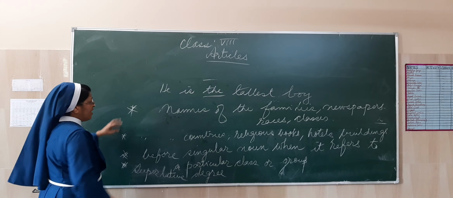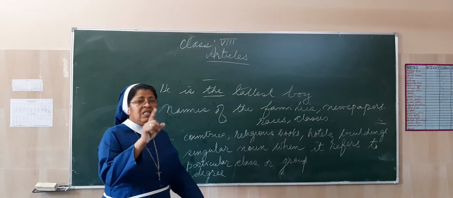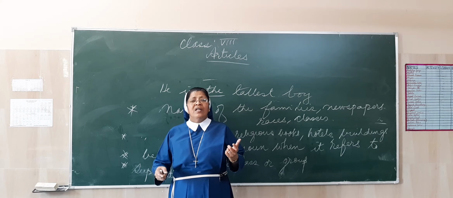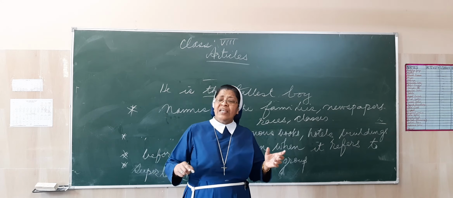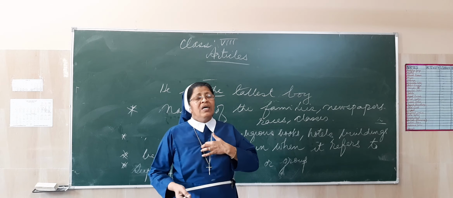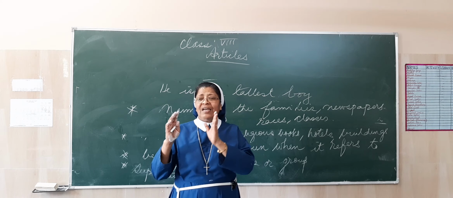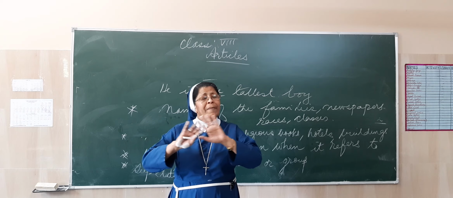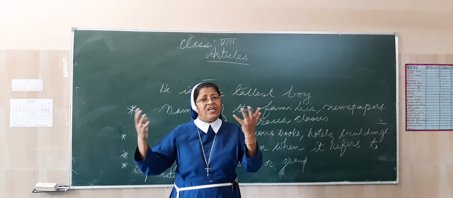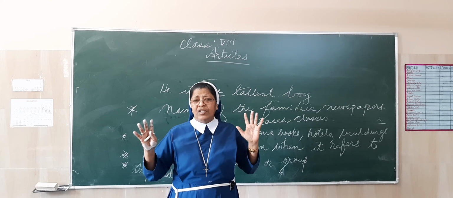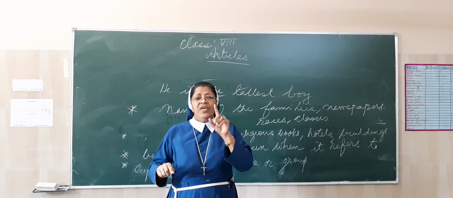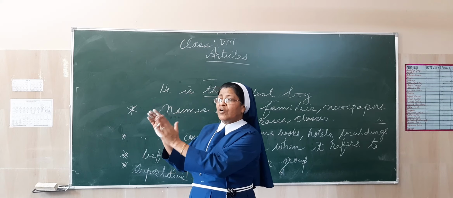Now, I have given you five or six points on when to use the word the. Children, I want you to revise once again the articles a, an and the. As a revision, we use a and an in the general category. When you want to say something in general, when you are not specifically mentioning anything, a boy, a girl. But the moment you use the article the, we are mentioning that particular thing.